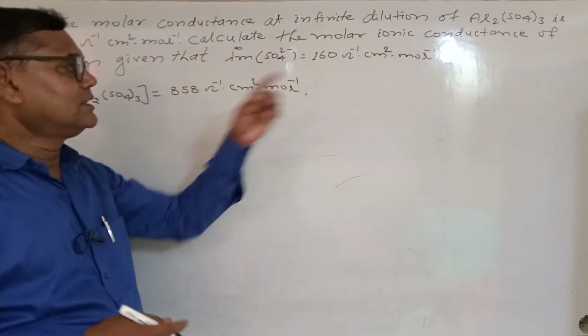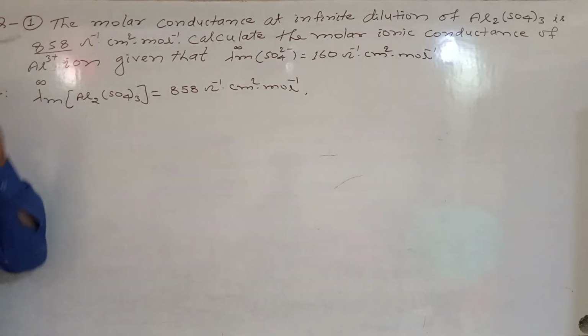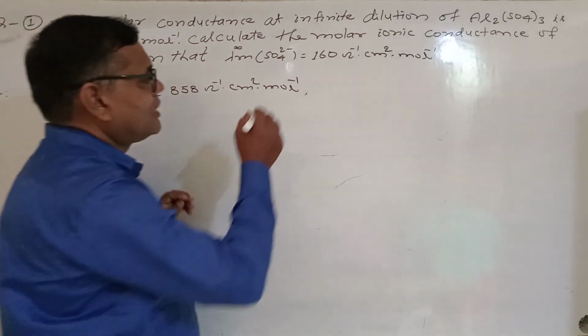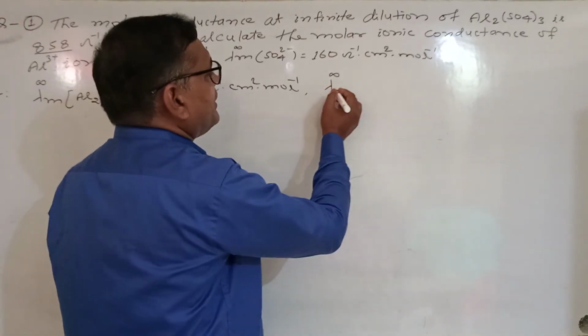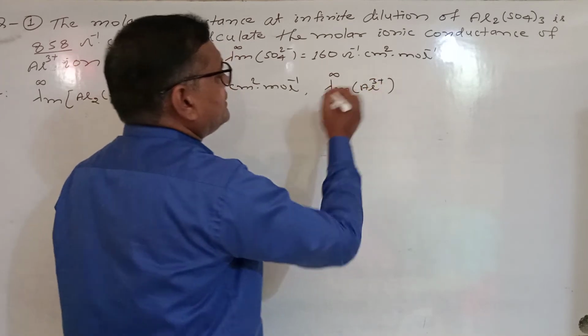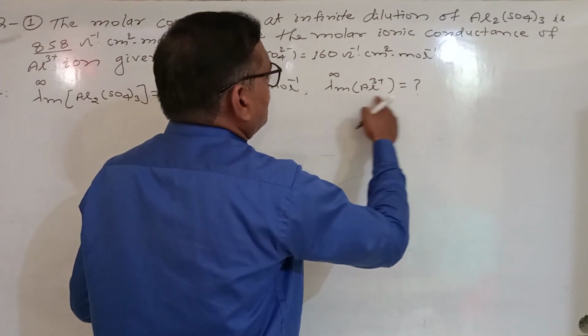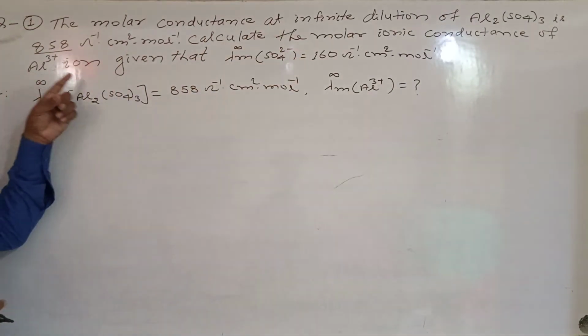The question asks to calculate the molar ionic conductance of aluminum ion. Here we write the symbol of molar ionic conductance of aluminum ion: lambda infinity m aluminum ion.